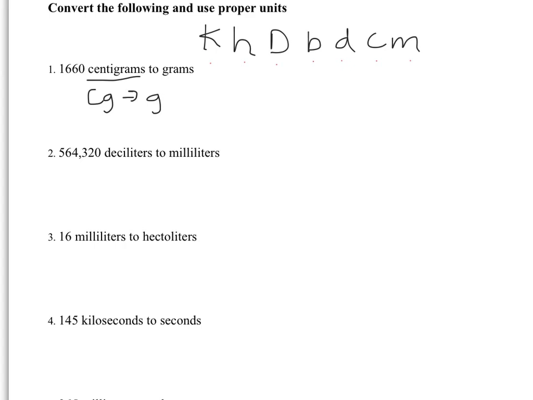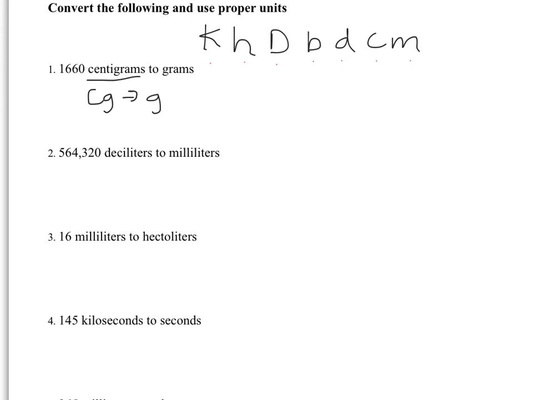So if we take our number we started with, 1660 centigrams, and move 2 spaces to the left, your answer ends up being 16.60 grams for an answer. Again, just using the loop and swoop method, whatever you want to call it, but switching your decimal point around just like it is on the chart is going to get you to that answer.